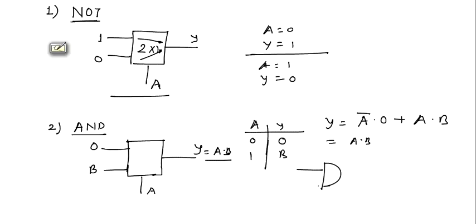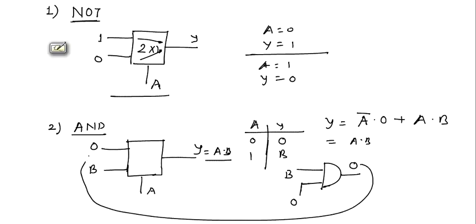Suppose this is an AND gate, we will apply B here, and 0 here. When we give it a 0 here, this AND gate will always have output equal to 0, because in an AND gate if any of the inputs is 0, the output will be 0. So this 0 will be here.